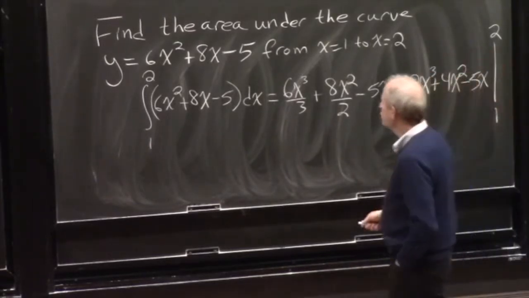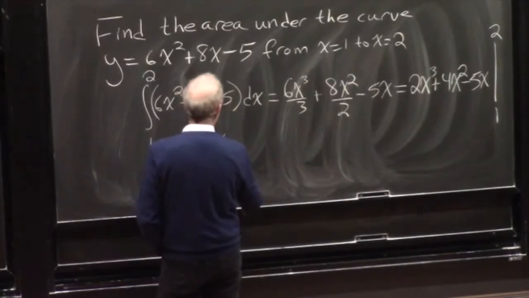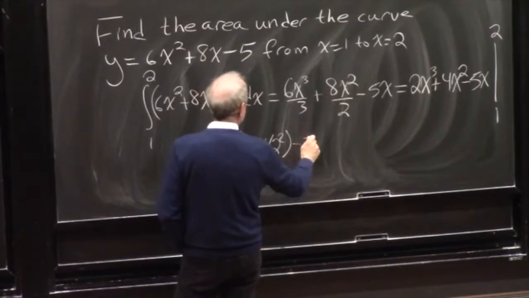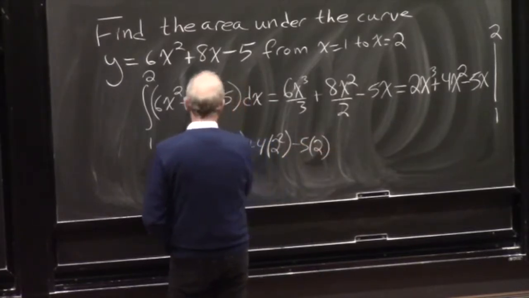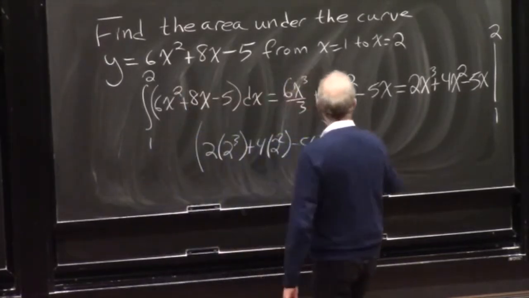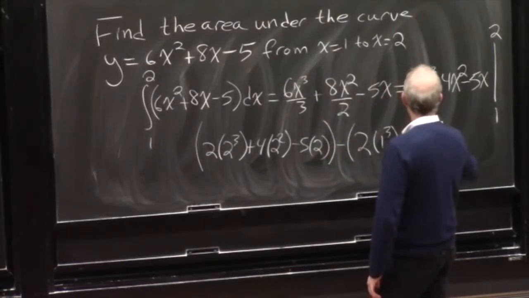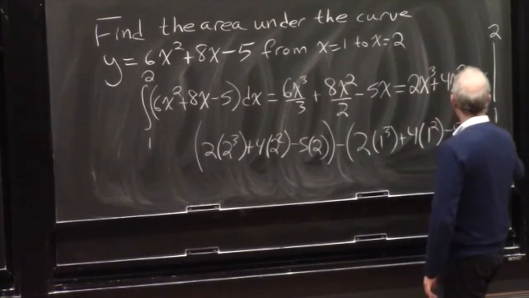All right, so plug in 2, and you get 2 times 2 cubed plus 4 times 2 squared minus 5 times 2, minus 2 times 1 cubed plus 4 times 1 squared minus 5 times 1.